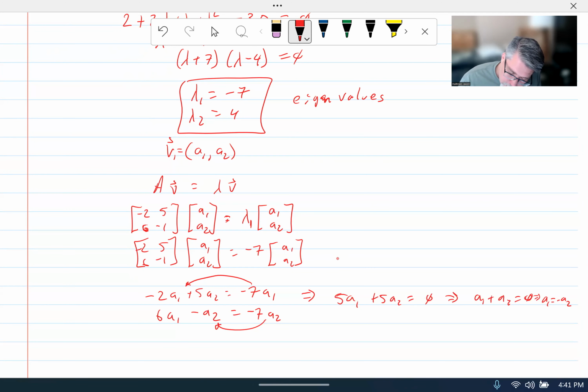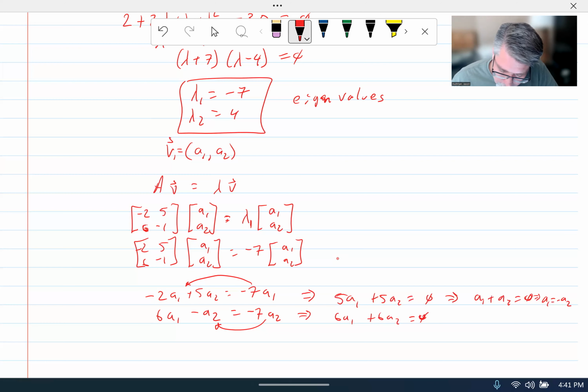The next equation tells me that 6 A1 plus 6 A2 also equals 0. So it's looking like these equations are linearly dependent, because they're basically the same. One equation I can multiply to get the other equation.